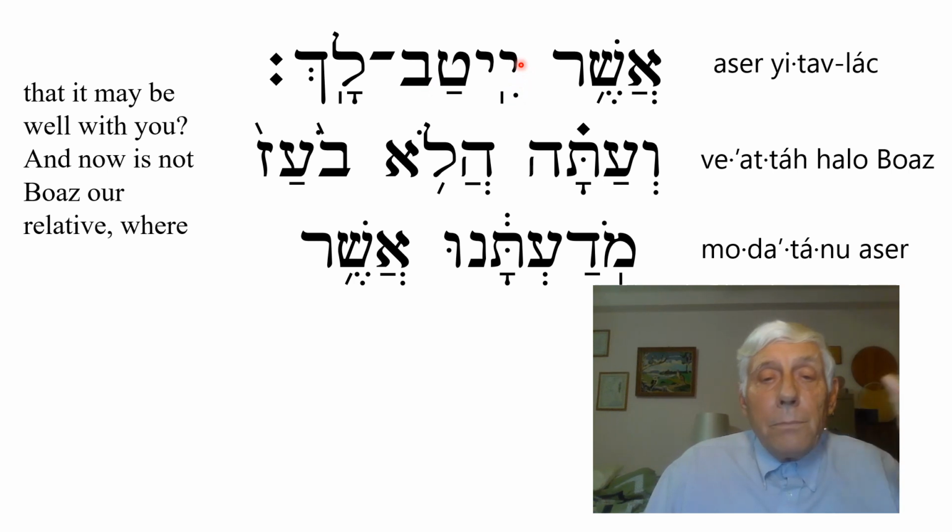Okay, that's third person masculine prefix. Okay, that it is good for you, that it will be good for you. Okay, will be well for you. Seeking the best for you. Okay, tov meod, even in modern Hebrew, tov meod. Oh, it's very good. Tov meod. Ve'ata, and now, halo, is it not?